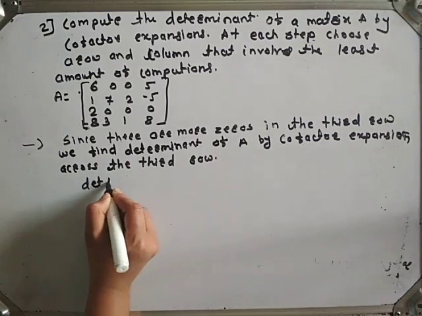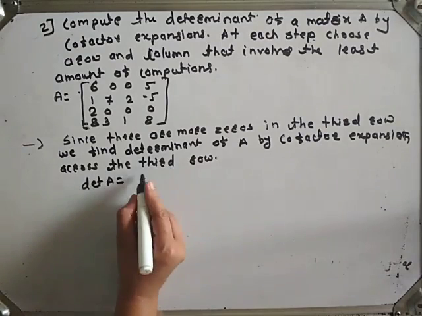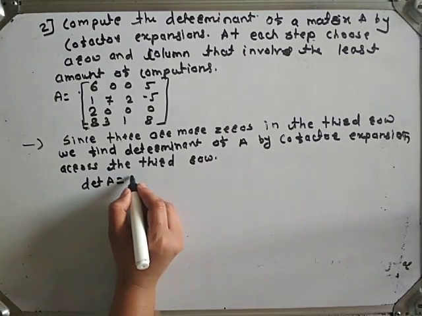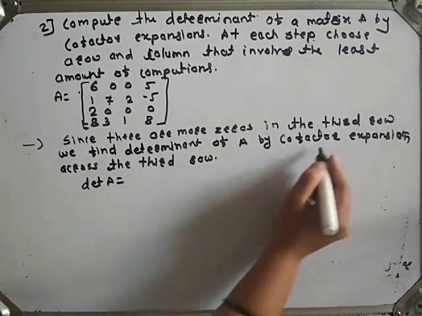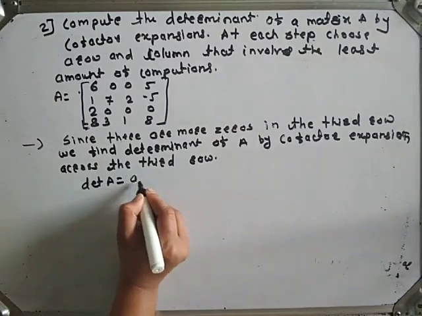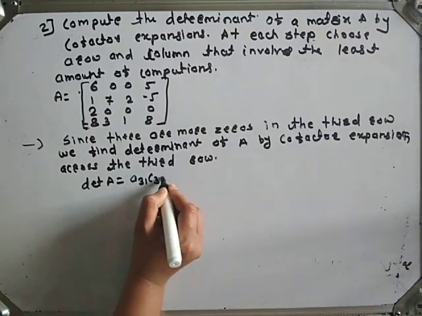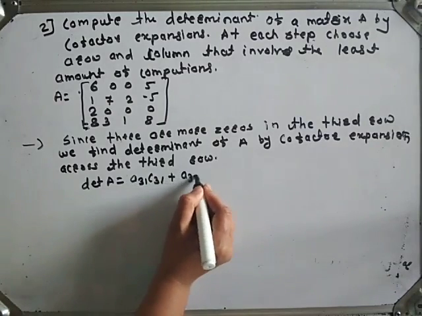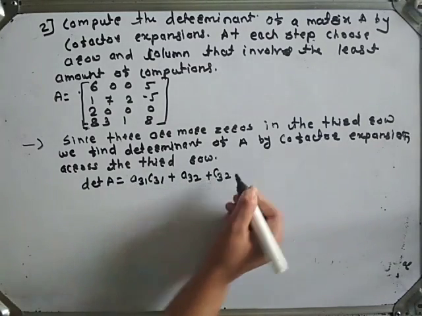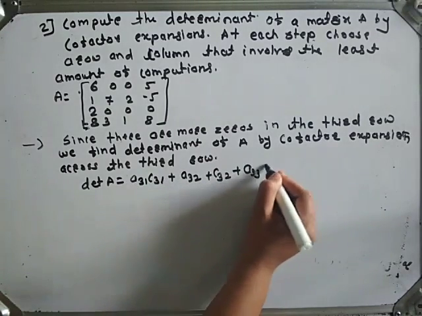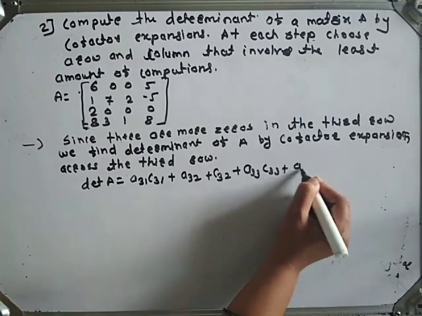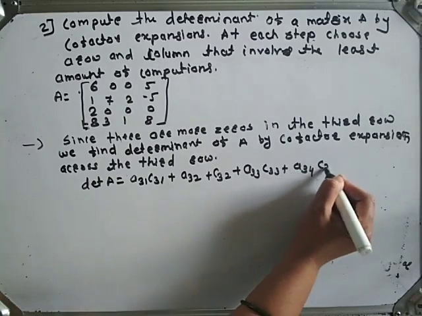Therefore, determinant of A is equal to cofactor expansion across third row. So, A31 C31 plus A32 C32 plus A33 C33 plus A34 C34.